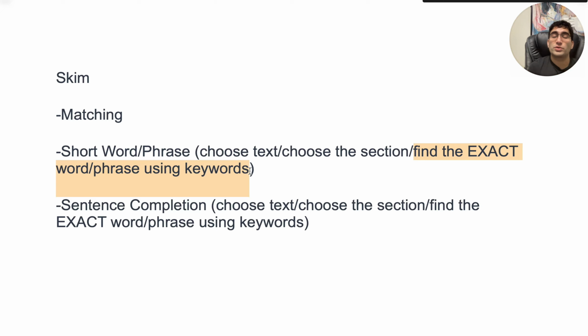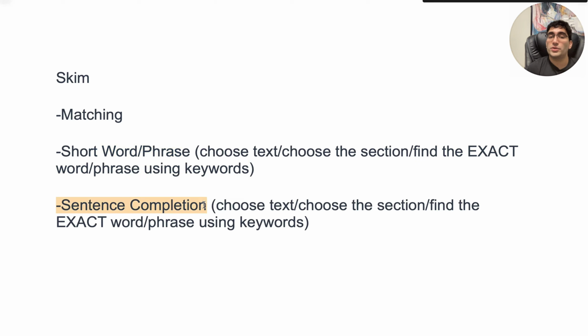You use the exact word or phrase using keywords. So keywords that are around the sentence already in the question, use them to find the relevant place in the passage. These keywords can be paraphrased, and we're going to look at some complicated examples of that. So make sure you follow that, and that will help you find your short phrase or word.